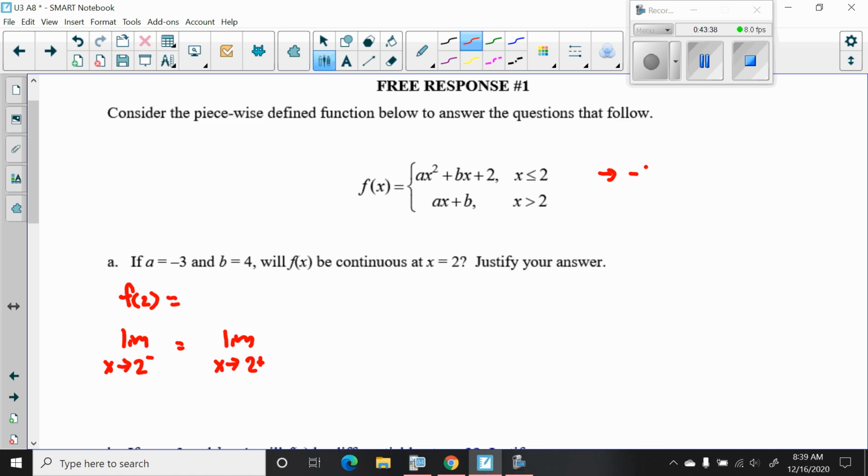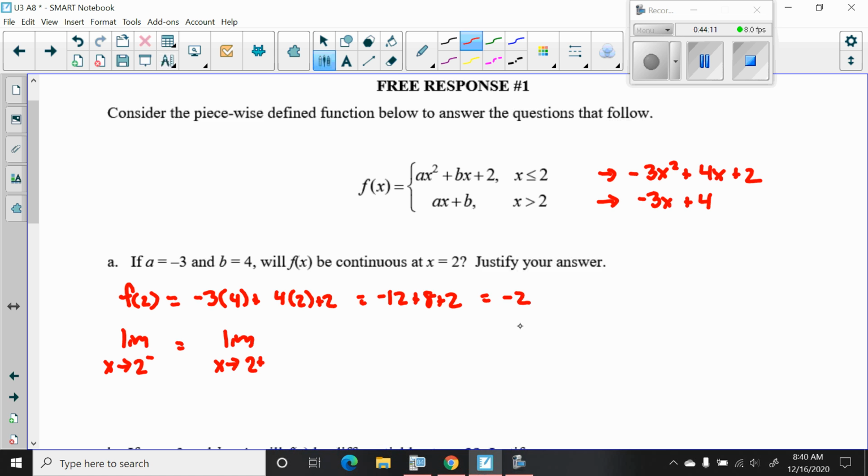Okay, well, the f of 2 and the limit on the left side are going to be the same value, so it really just comes down to this. And a is -3 and b is 4, so I don't know why we wouldn't just fill this in. So -3x squared plus 4x plus 2, and -3x plus 4. And we plug in 2 into the top. And so this would be -3 times 4 plus 4 times 2 plus 2, -12 plus 8 plus 2, -2. And what do we get when we plug in 2 into the bottom function?